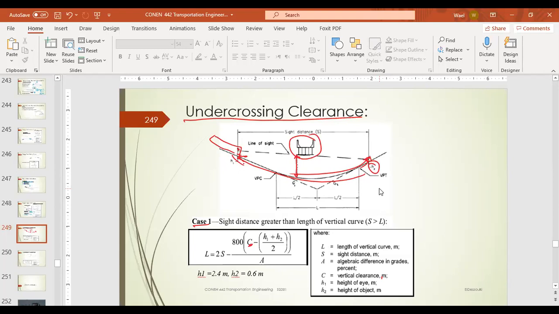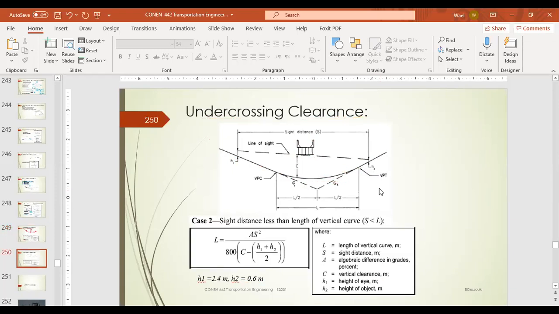H1 and H2: H1 in this case would be the height of the eye of the driver, and H2 is the height of the obstacle. In this case specifically, what we are concerned about are truck drivers, because they are sitting higher than regular cars, usually at 2.4 meters, and the obstacle is 0.6.